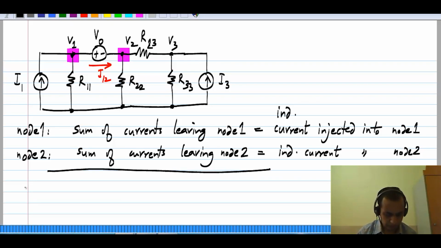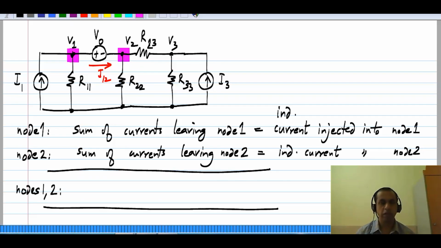When we sum these, what happens? We will have the sum of currents leaving the closed surface enclosing nodes 1 and 2, because in the first equation any current flowing between node 1 and node 2 will appear with a particular sign, and in the second equation the same current will appear with the opposite sign.